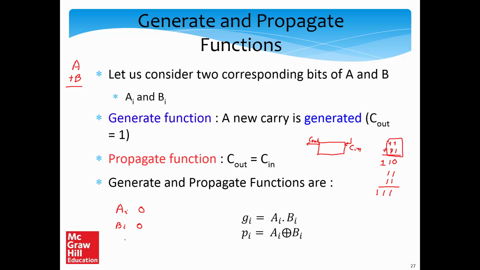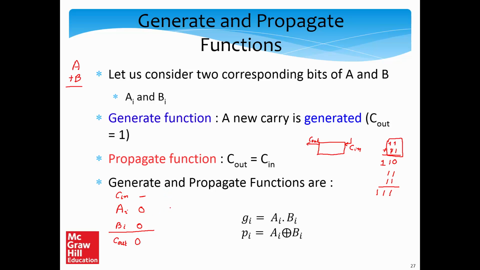If they are 0 and 0, and let's consider the carry in, irrespective of the value of the carry in, the carry out will be 0, right? So even if the carry in is 1, we'll still not generate a carry. If it's 0, we'll still not generate a carry.